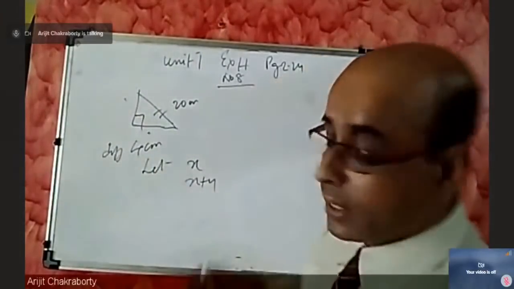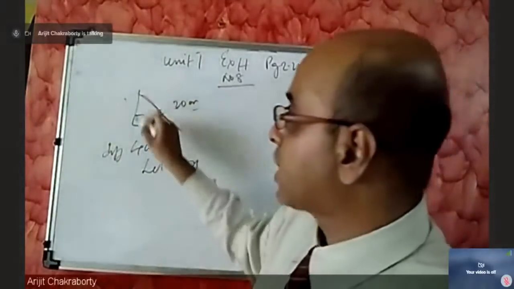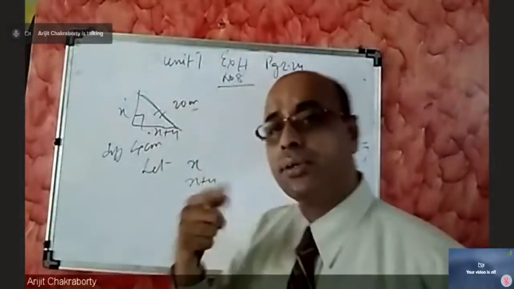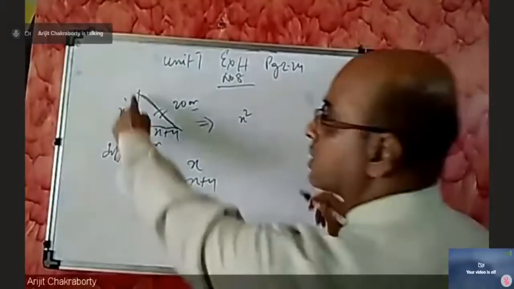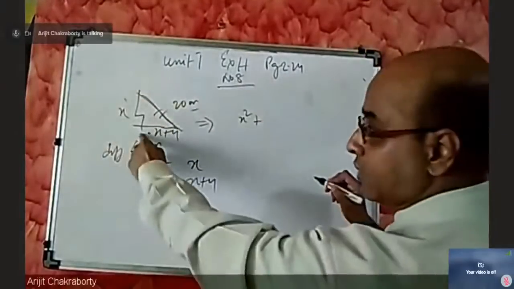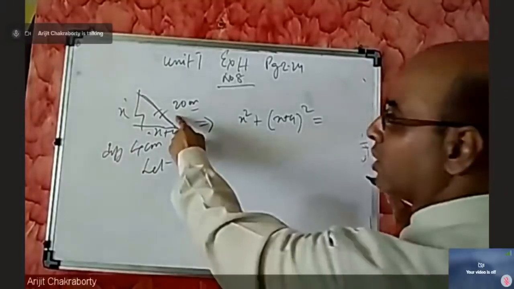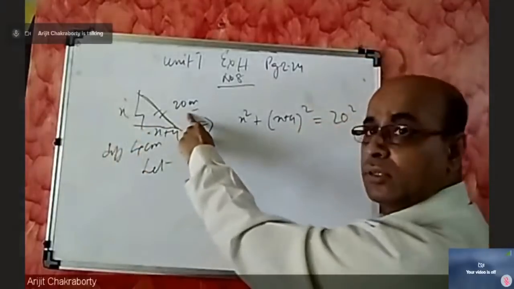It is given that the hypotenuse is 20 centimeter. So if the sides are x and x plus 4 in a right-angled triangle, you know the rule: one side square plus the other side square, x square plus x plus 4 whole square, is equal to 20 square. That is, side square plus side square is hypotenuse square.